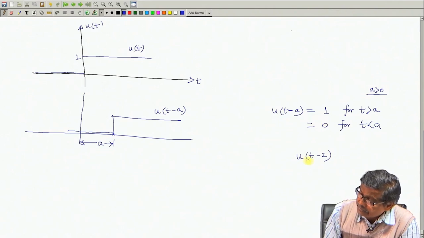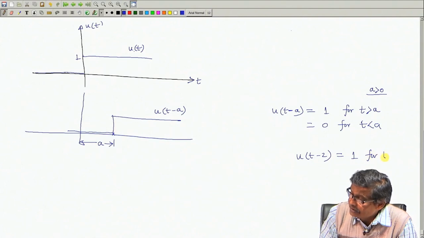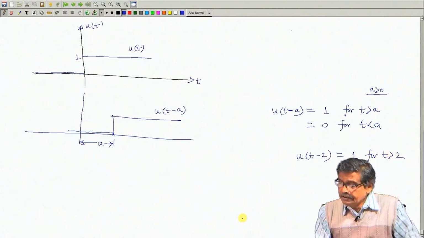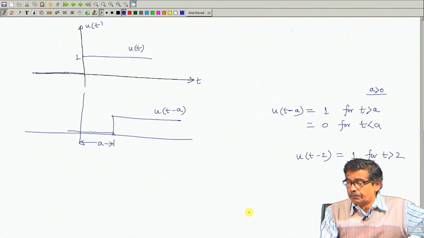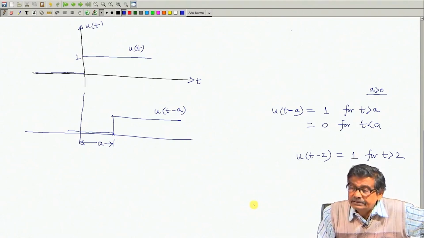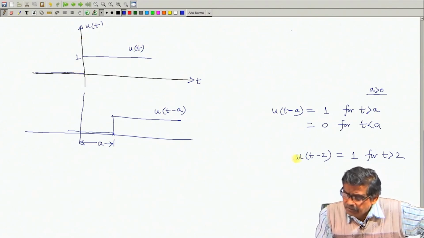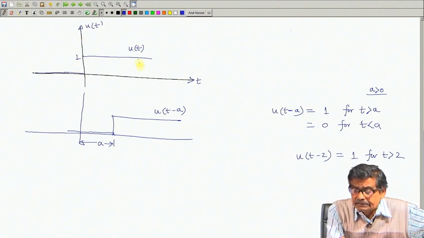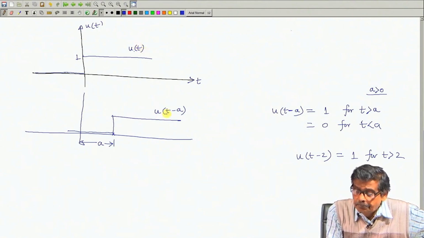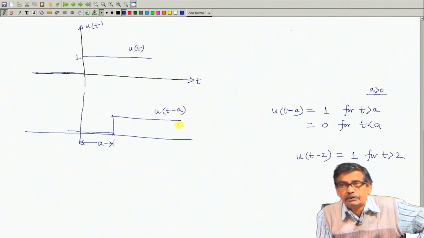That is why u(t minus 2) will be equal to 1 for t greater than 2. For t less than 2, for example, choose any value say minus 1, it is u(minus 3), but from u(minus 3) I know it will be 0, very easy to interpret. So, any time you replace t by t minus a, where a is a positive number, this function gets shifted to the right.